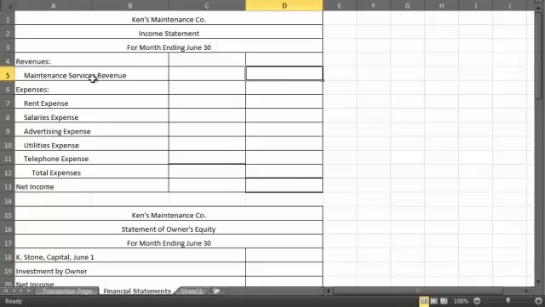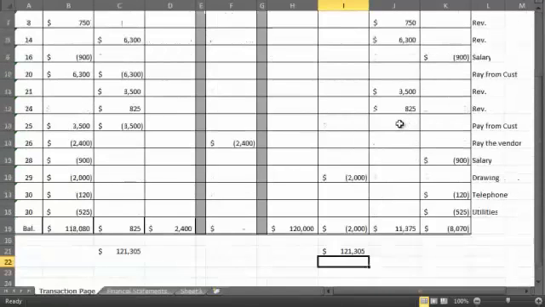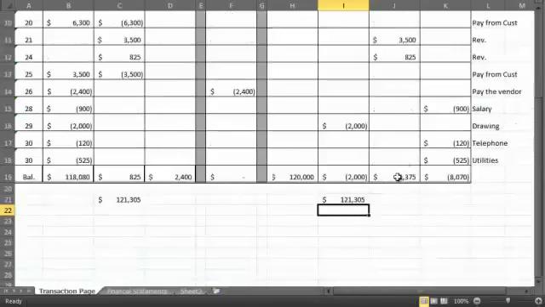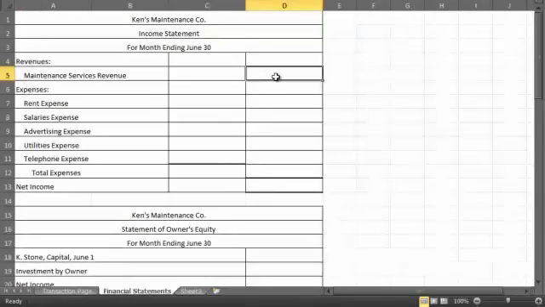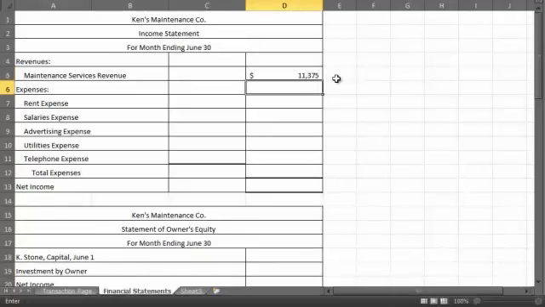Well, first off, what we need to do is we only had one type of revenue, and what was the balance of that? If we go back and look at our transactions here, our revenues were a total of $11,375. So all we need to do is put the $11,375 here in this particular column.